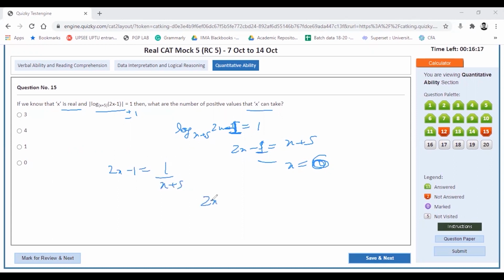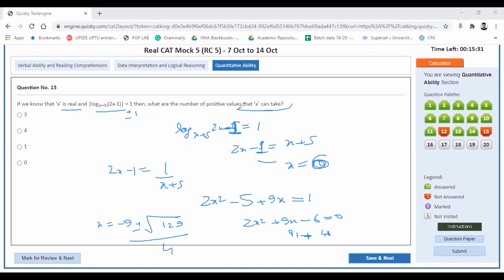This becomes 2x square plus 10x minus x minus 5, which gives 2x square plus 9x minus 6 equal to 0. x becomes equal to minus b plus minus root of b square minus 4ac, over 2a. 9 squared is 81, minus minus 48, so 81 plus 48, that is 129, divided by 4.